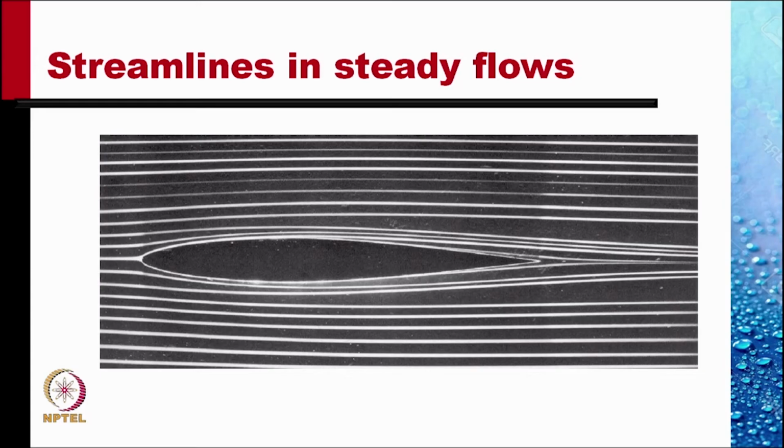These are streaks of smoke emitting from a rake to the left of this figure and flowing past an aerofoil. The flow is very well behaved. The flow is laminar. But these streak lines are also streamlines because the flow is steady.